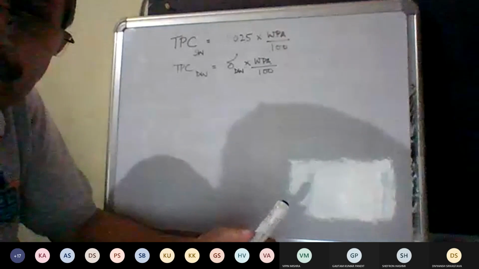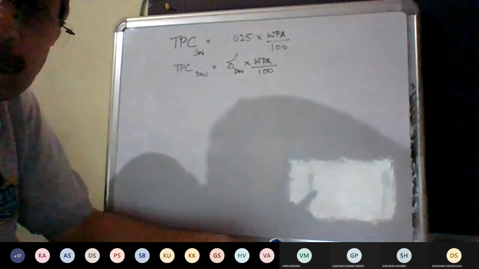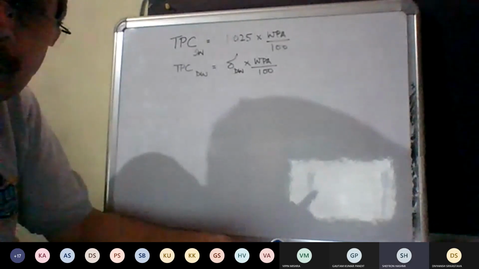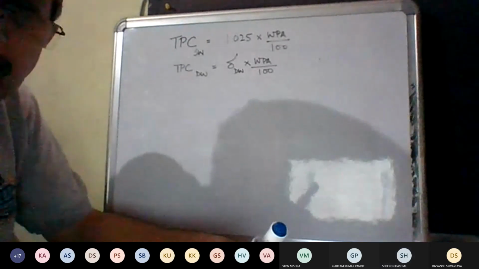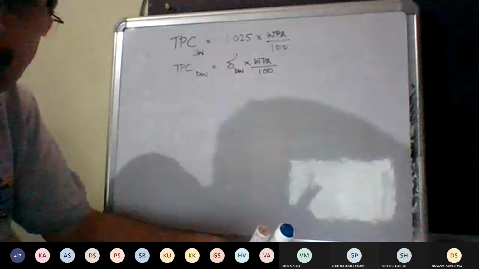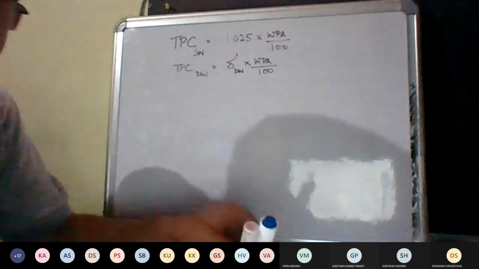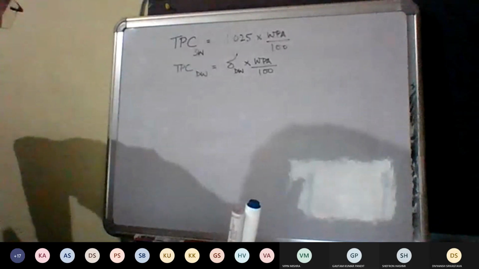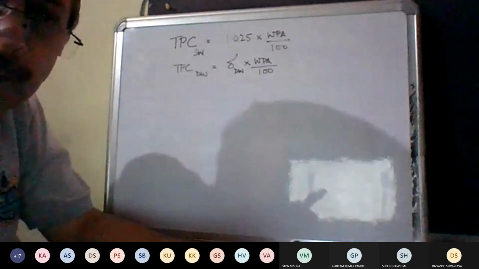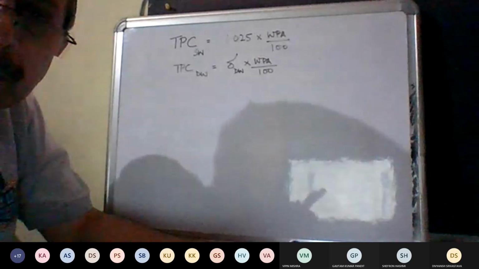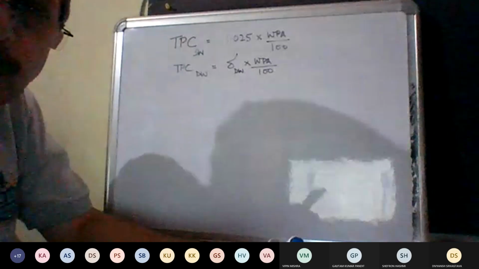That is 4.01. How much will it take? That many tons. So supposing it is 20 tons. Like the Hinge ship, the TPC of Hinge ship is approximately 21 tons. That means if I load 21 tons, the draft of Hinge ship will increase by 1 centimeter. So similarly, try to remember what was the TPC of your last ship.